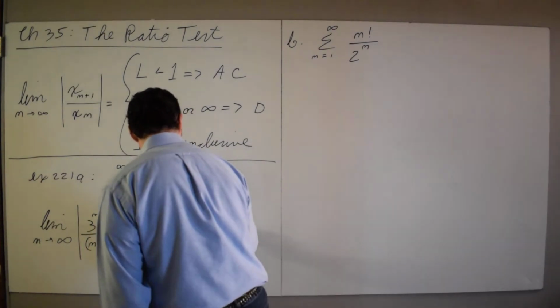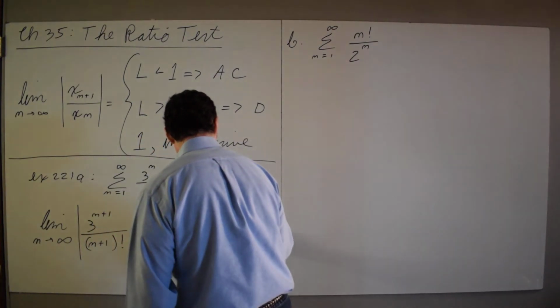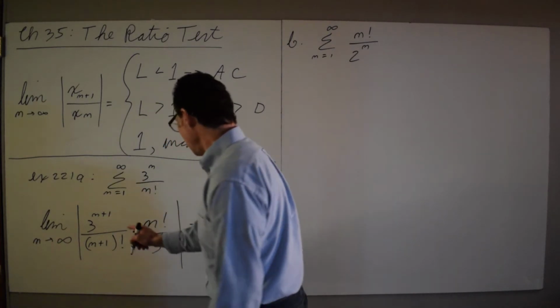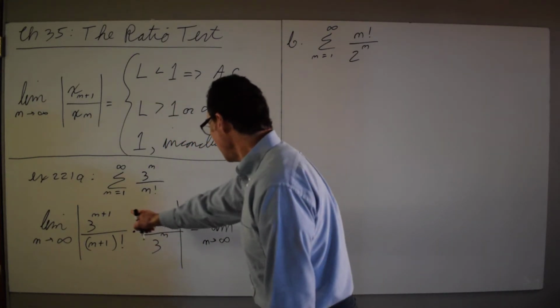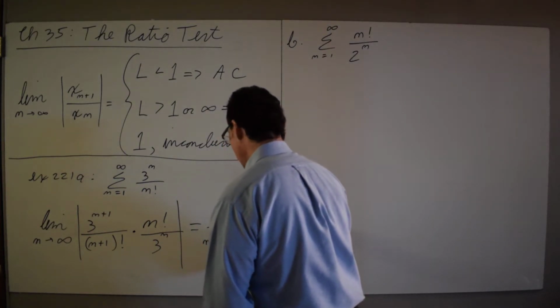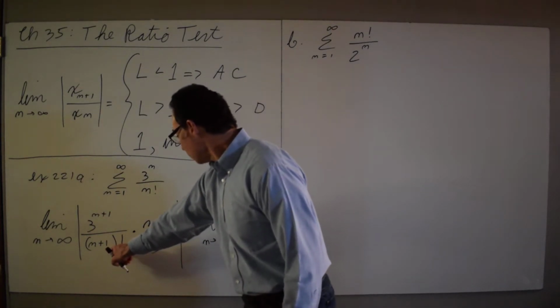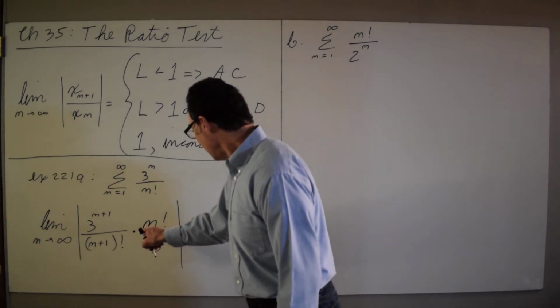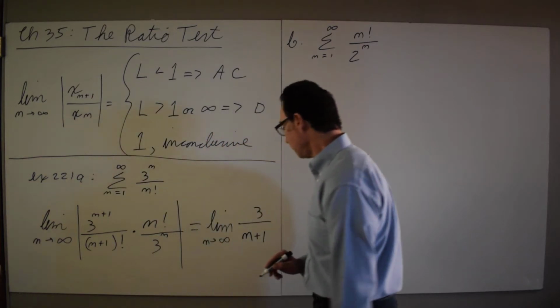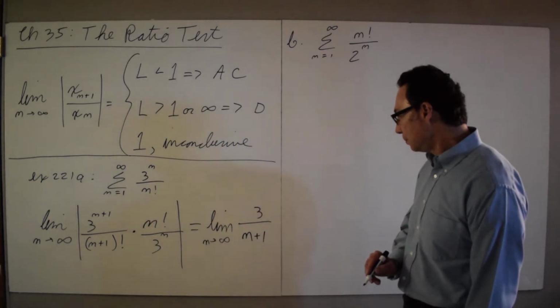And here's why the ratio test is a nice test. 3 to the n plus 1 divided by 3 to the n is 3. n plus 1 factorial divided by n factorial is n plus 1. So that reduced nicely.